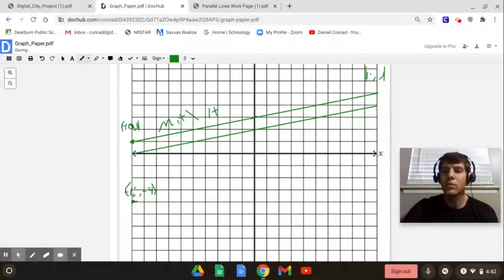We know our slope has to be 1/5, so rise over run has to be 1 over 5. We're going to go up 1, and then run 5: 1, 2, 3, 4, 5. Up 1, over 5, and repeat. Our next point is going to be over here, which is going to be 10, 0.